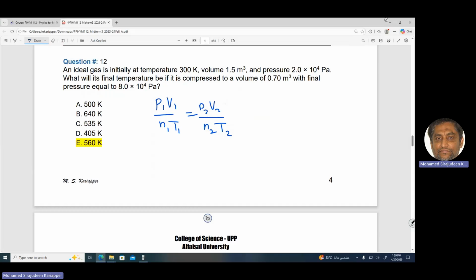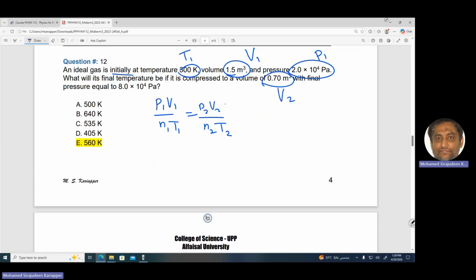Right. Now, what is this? Initially, this is T1. It is not small t, it's a capital T, so it's in Kelvin. And this is V1 in meter cube, and this is P1. What will be the final temperature if the same amount of gas is compressed to a new volume?